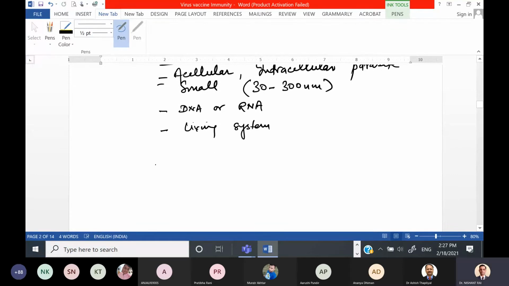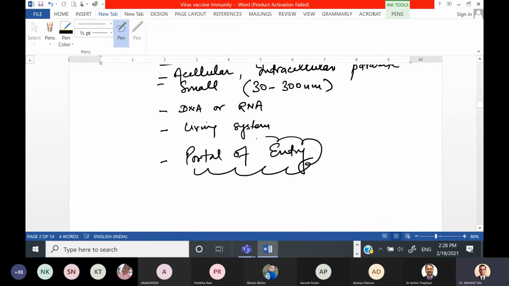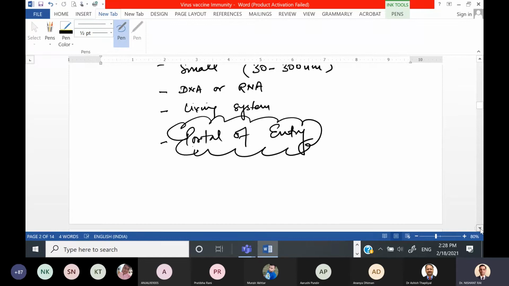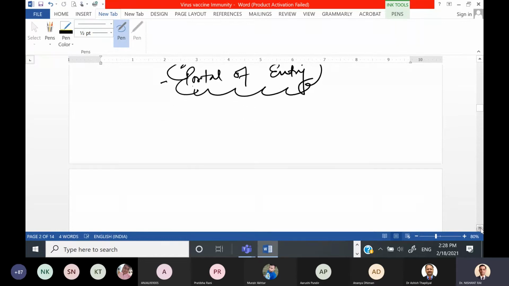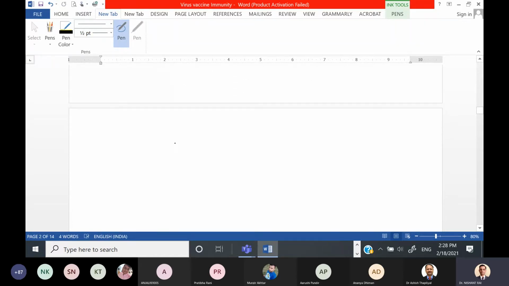Now the point is how these microorganisms are able to enter into the body. That is the portal of entry. What are the different points where viruses or microorganisms can enter into the body? Depending upon its mode of infection, it enters into the body in different ways, right?